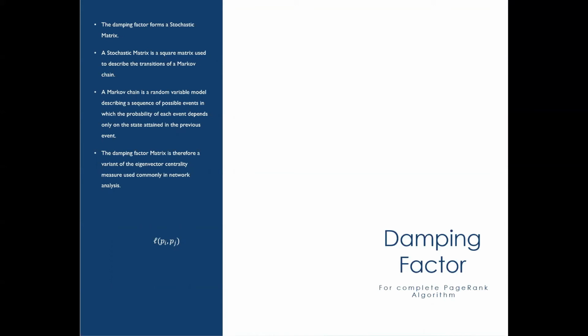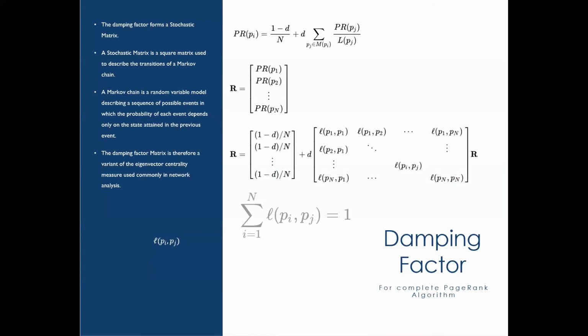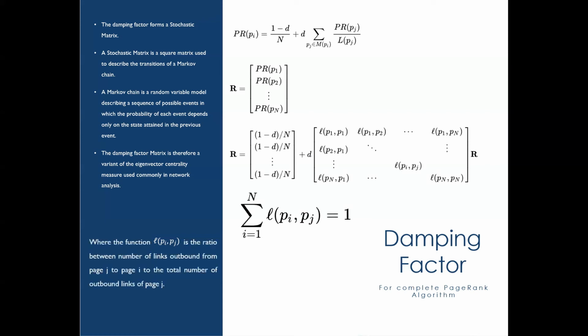So the equation is as follows. Where the function L of PI/PJ is the ratio between number of links outbound from page J to page I to the total number of outbound links to page J. The damping factor forms a stochastic matrix.